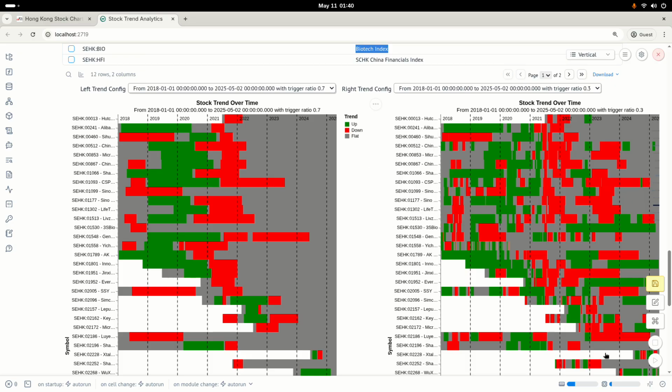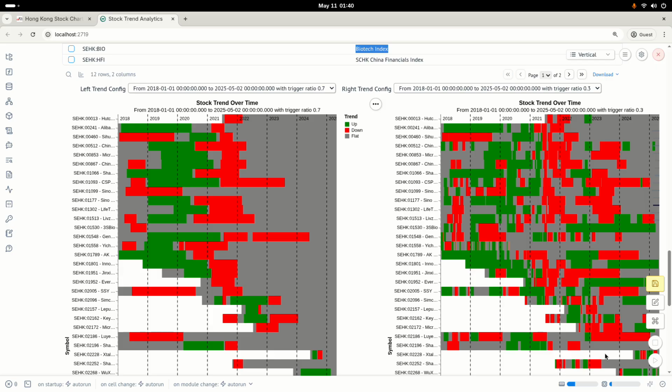Using the ratio 0.7, you can see that most of the area is gray. The reason is that it requires a higher trigger ratio for the area to be marked as up or down, and most of the time it's marked as flat.